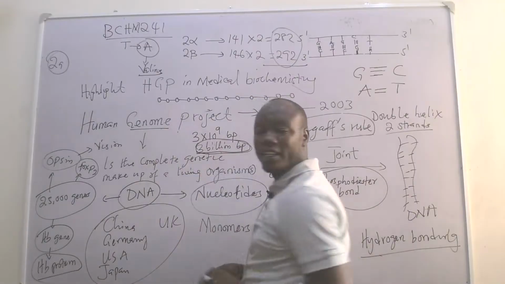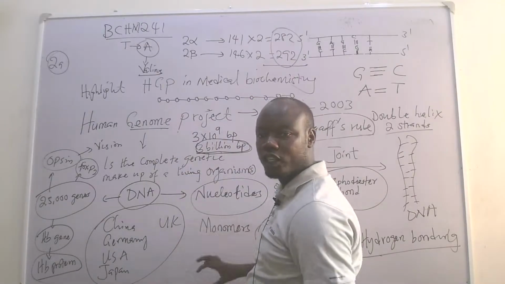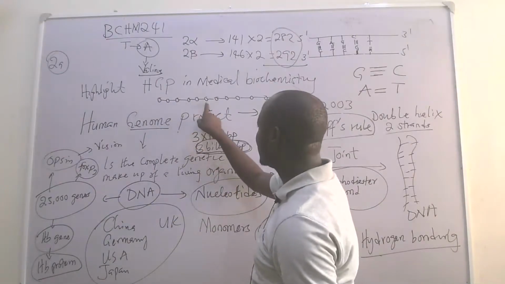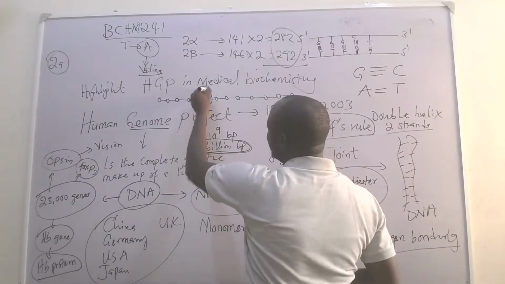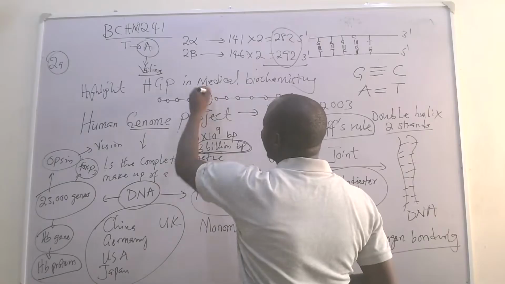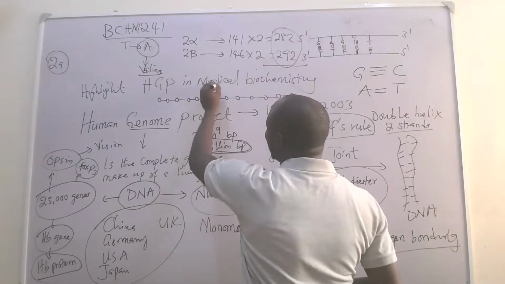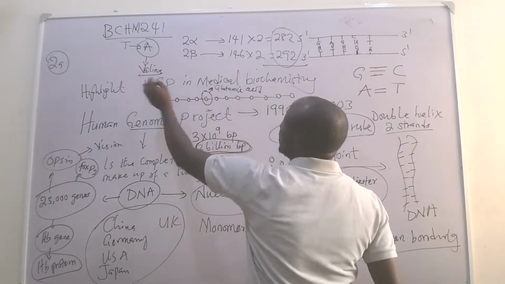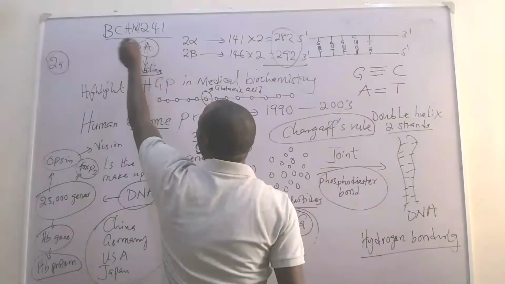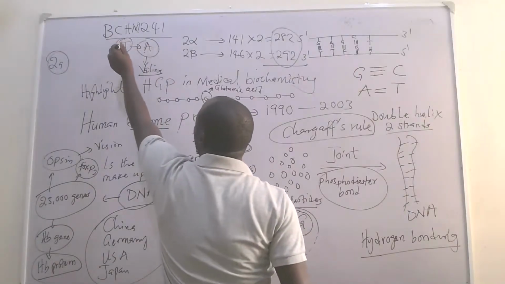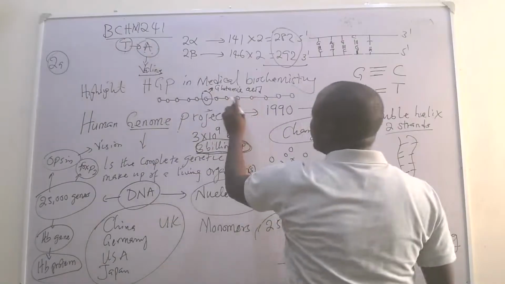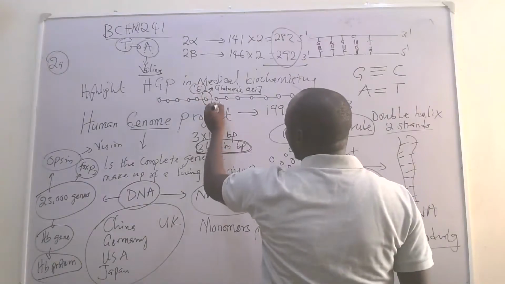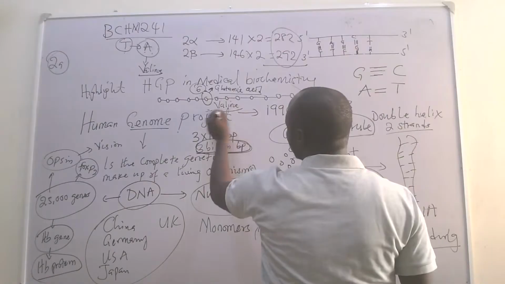So you see, after the complete Human Genome Project, the scientists were able to know that, okay, 1, 2, 3, 4, 5, 6. At position 6 of this hemoglobin protein, the amino acid that is supposed to be there is glutamic acid. But because of this mutation, replacing or substituting adenine with thymine, instead of glutamic acid at position 6 of the beta hemoglobin, it now ends up coding the amino acid valine.